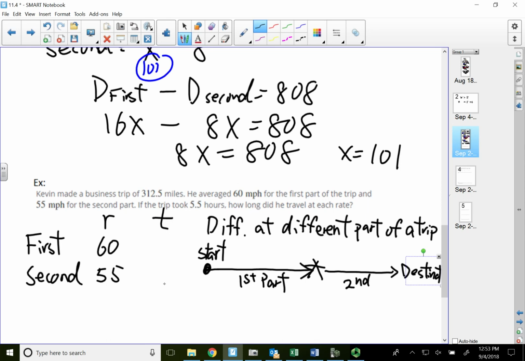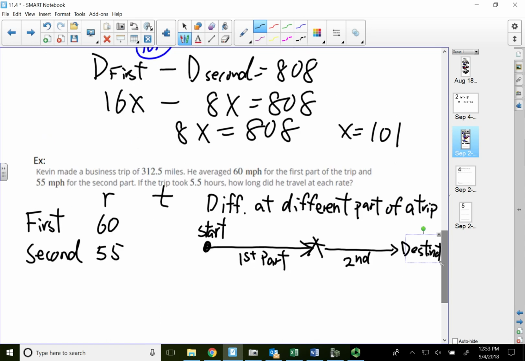Now, what about the time? The question wants me to find the time for each part of the trip. So if I'm using one variable here, one of these has got to be x. So let's just say the second part is x. You know what? Let's just say the first part is x. It doesn't really matter. Somebody has got to be x.